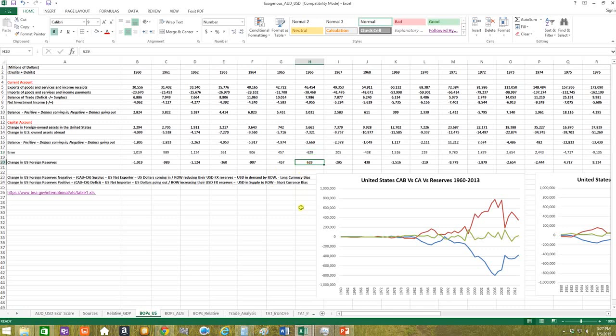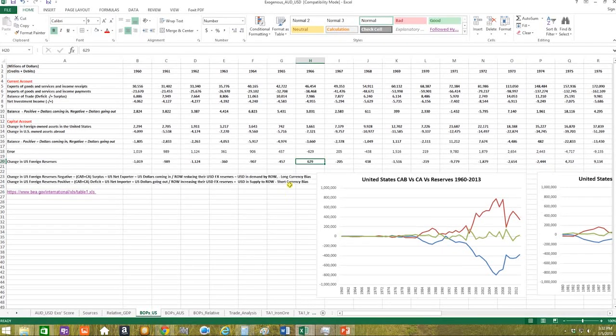And in proportion, the US's own foreign reserves, because the US has now lost 629 billion US dollars in value, go up in value by the same dollar proportion. So the balancing item is the inverse of the change in foreign reserves for the rest of the world.